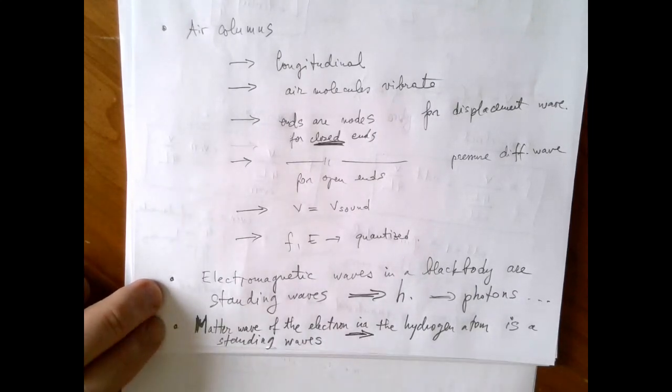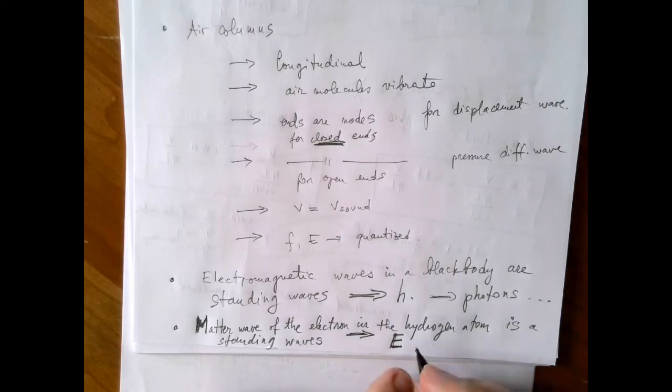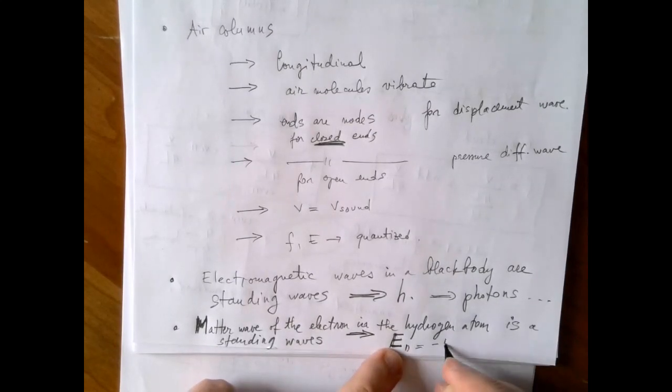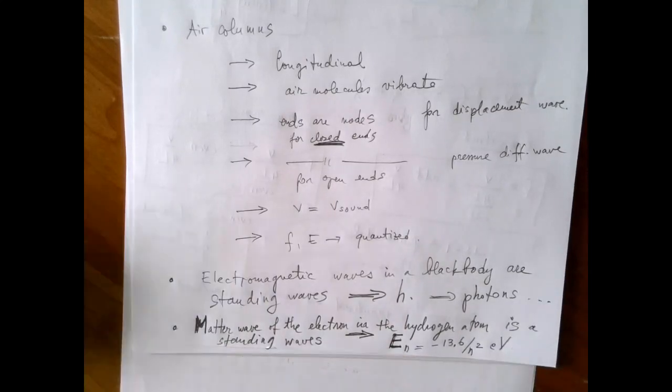We'll get from there the quantization of the energy of the hydrogen atom in the Bohr model, the famous negative 13.6 divided by n squared electron volts.